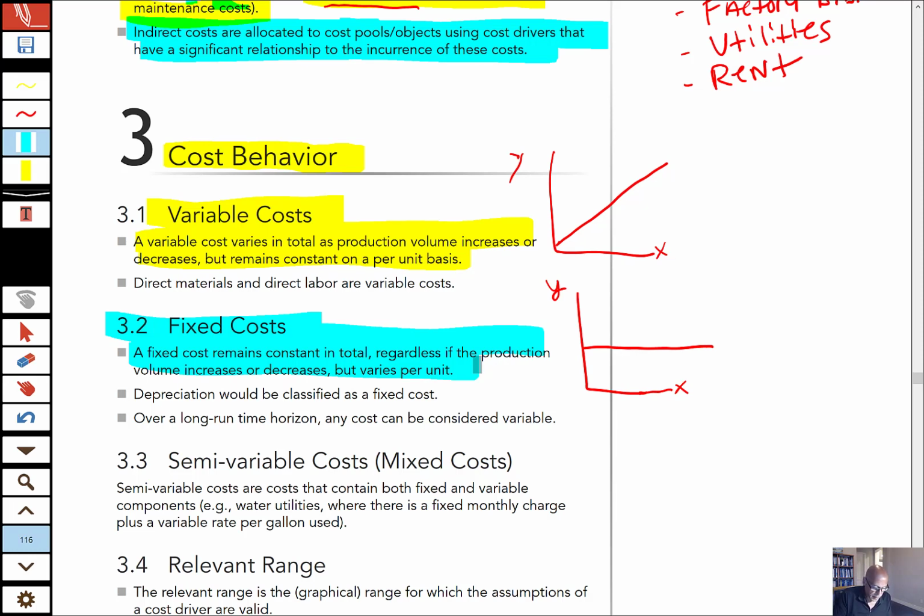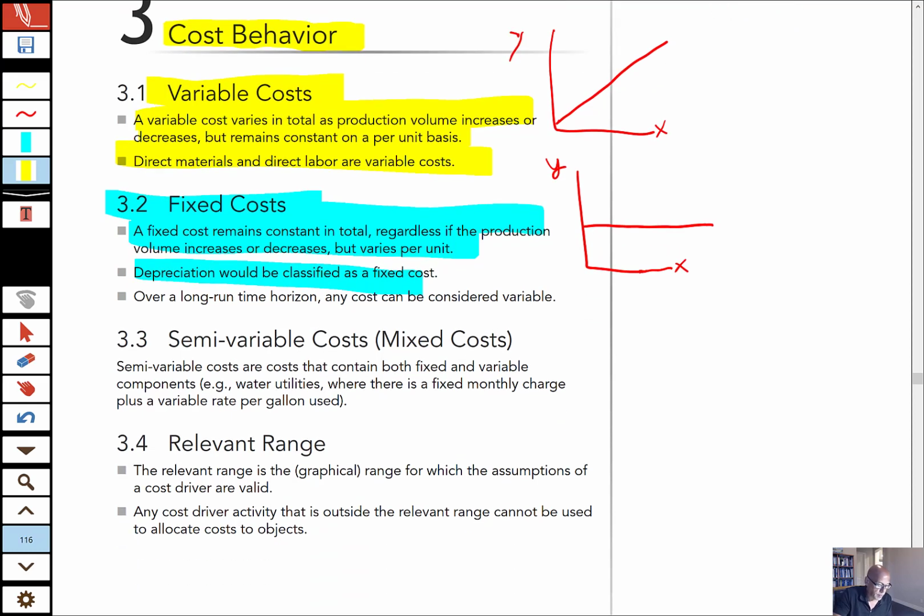As we've said, depreciation is a good example of an indirect cost, and a fixed cost. Direct materials and direct labor are generally variable costs, right? Okay, good. Now we talk about semi-variable, or mixed cost. Since we've gone with a graph theme here, semi-variable costs tend to look like this.